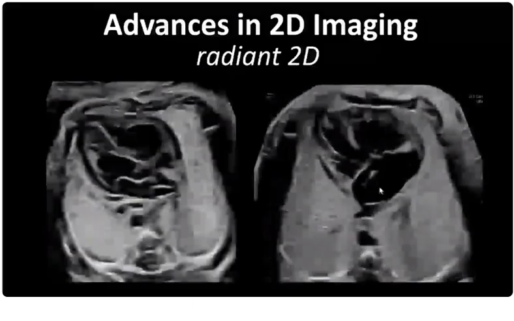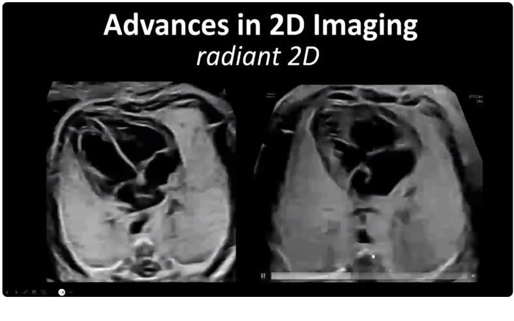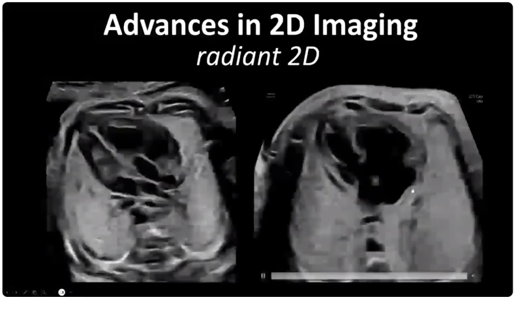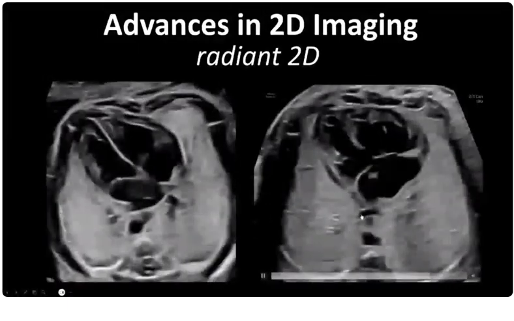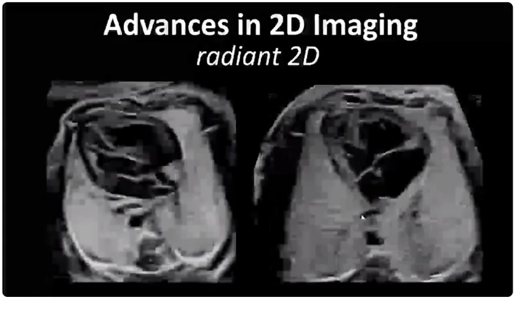So here we can see 2 examples. One is the normal 4-chamber view and the sweep towards the left ventricle outflow tract. And here we have the baby with the obvious cardiac malformation consistent with complete balanced atrioventricular septal defect.